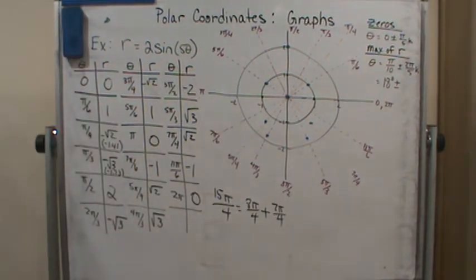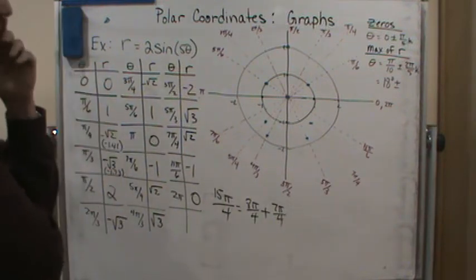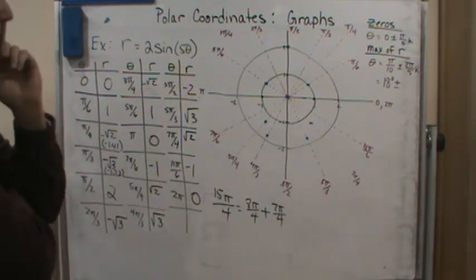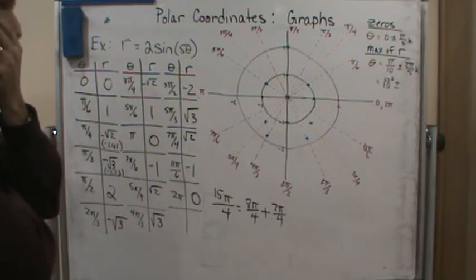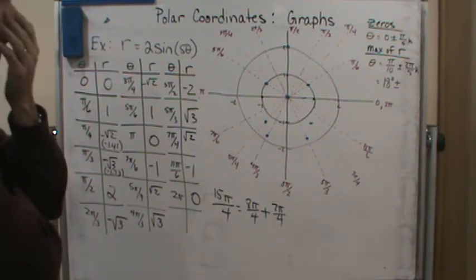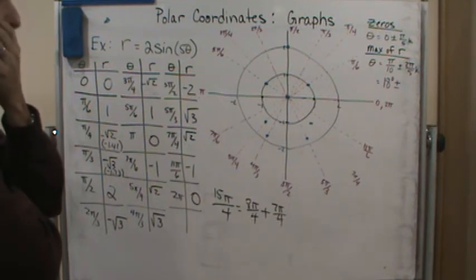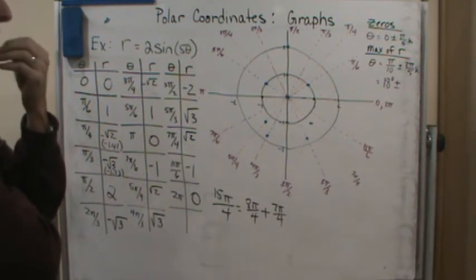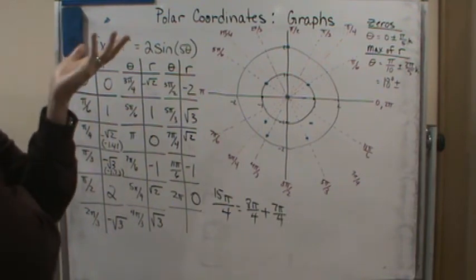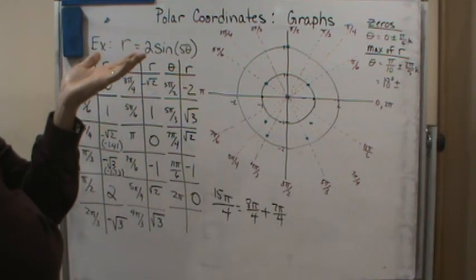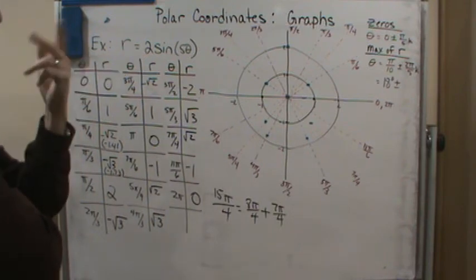So 360 divided by 5 is 72, right? Yeah, 360 divided by 10 is 36 degrees, double that, 72 degrees, right?